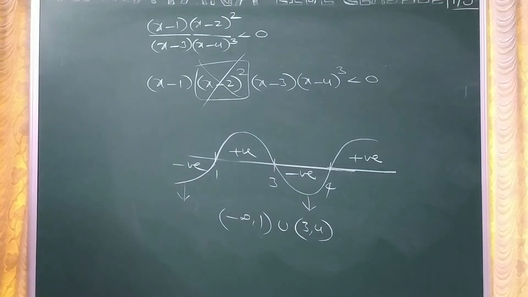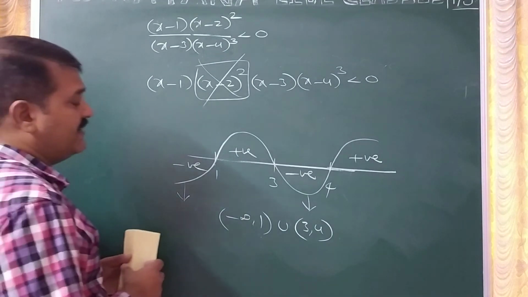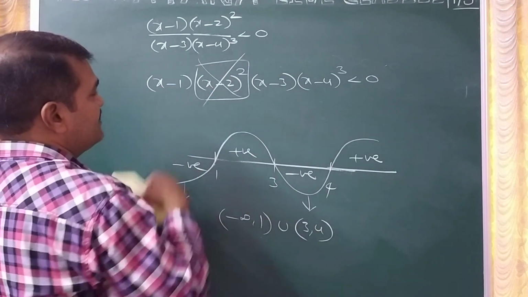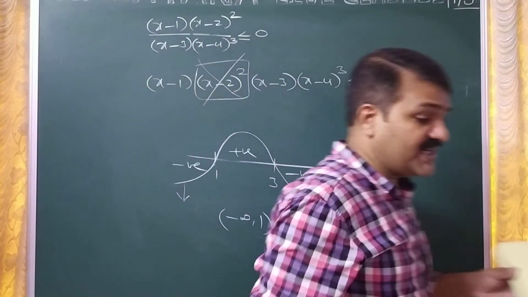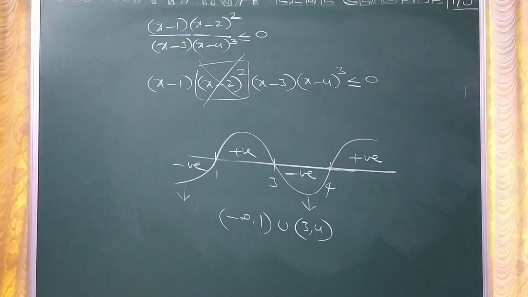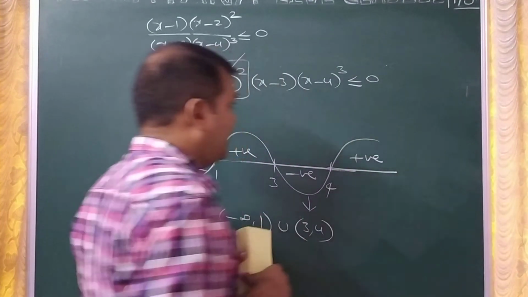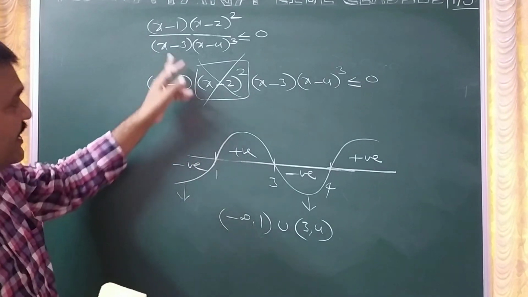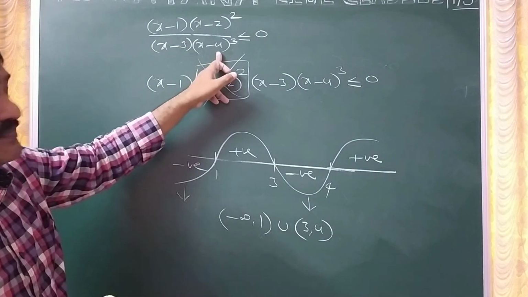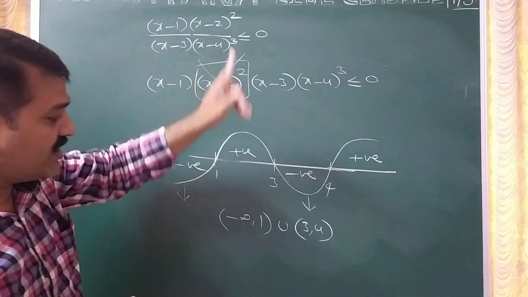I will change the question like this. For example, if the question has less than or equal to. The less than or equal to symbol means the total expression can be 0 also, but the denominator cannot be 0. That means 3 and 4 cannot be included.